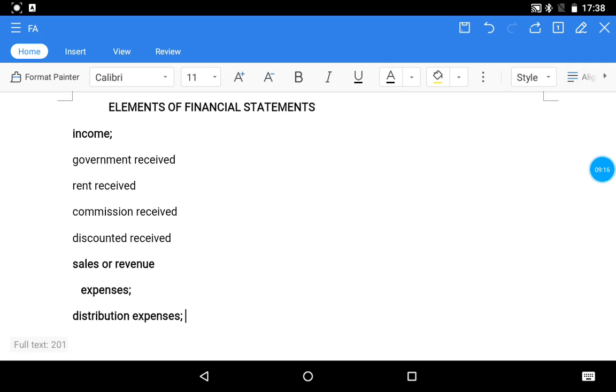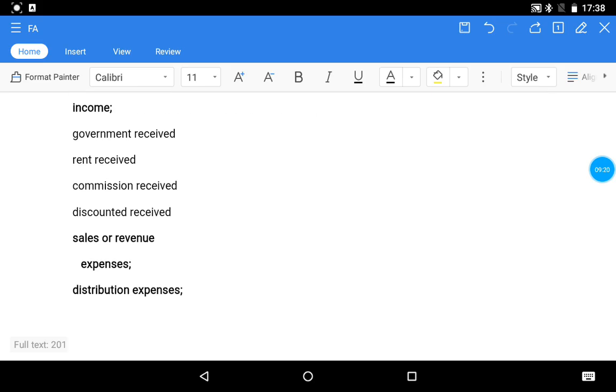It means you are giving something to the customer at a low cost. Here we have discount received. Discount received is under distribution expenses, because you are giving a customer a product at a low price compared to what you have been selling it at.